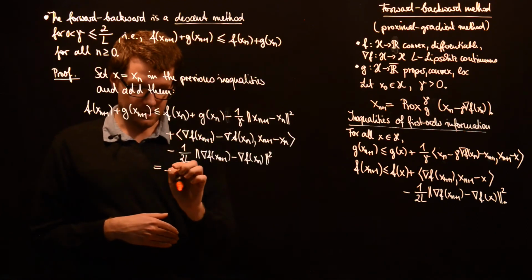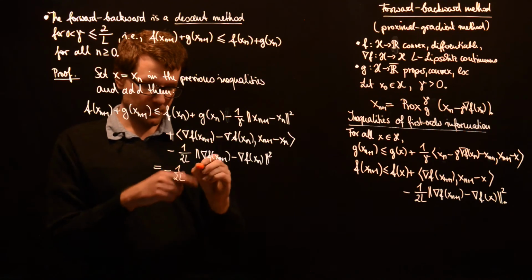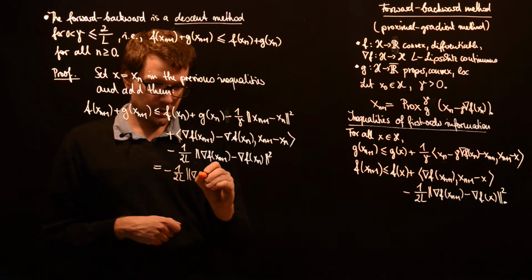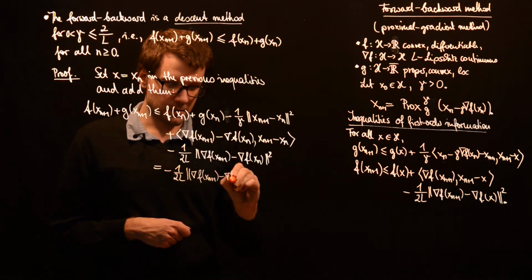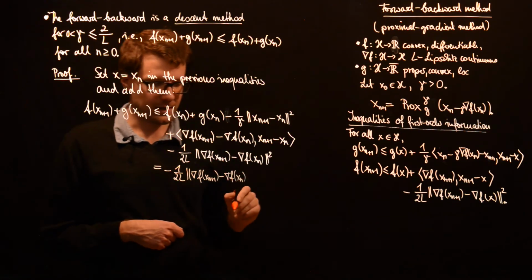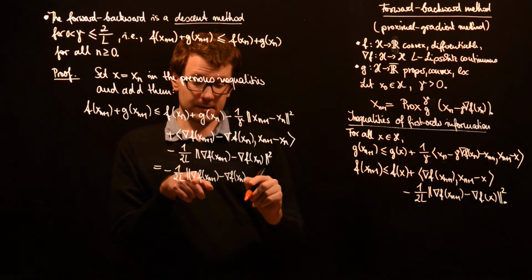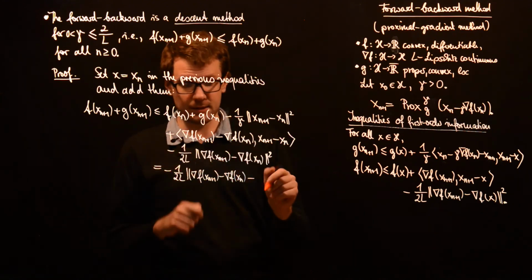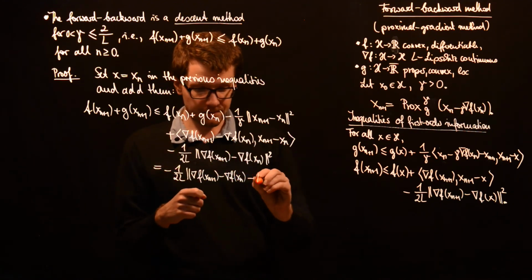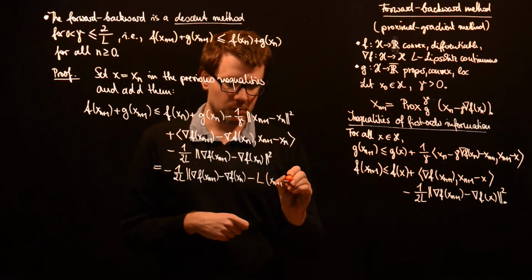What I mean by that is we can take 1 over 2L times the norm of gradient f at xn plus 1 minus gradient f at xn, and we subtract, because we have minus plus here, L times xn plus 1 minus xn.